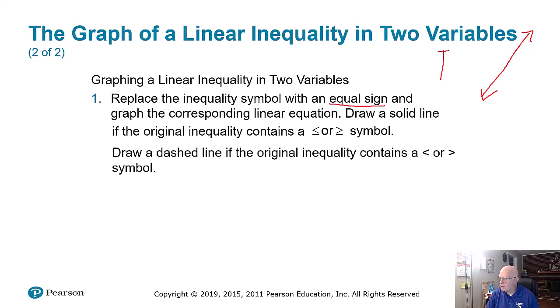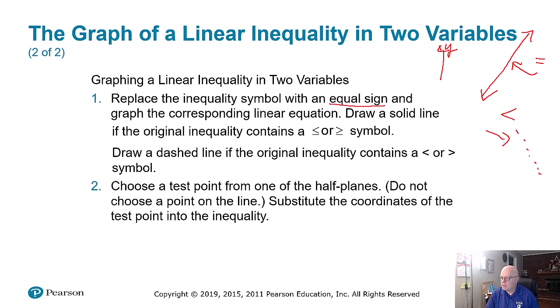You'll have some x and y coordinates matched up. That'll help you draw the line. If you have the equals, make it a solid one. If you don't have the equals, then make it a dotted line. You got that? Or a dashed line, whatever you want to use.